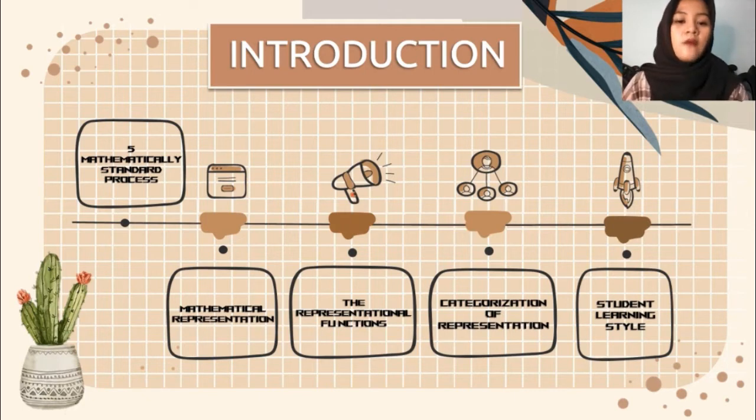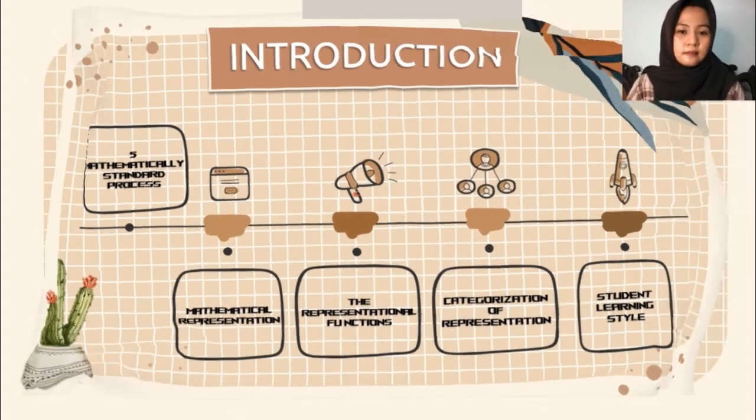This method of learning is more often referred to as a learning style. So, based on part of the review research, a gap exists regarding the capacity of mathematical representation in terms of visual student learning styles to solve issues involving relation and function.